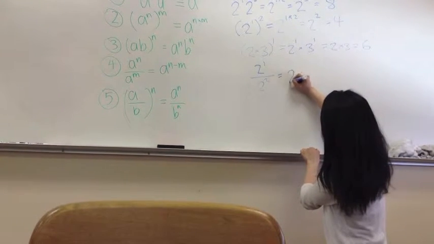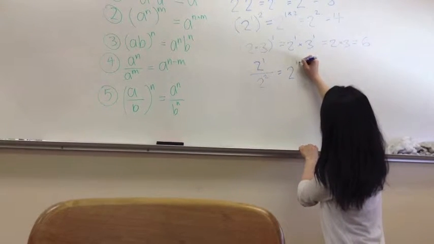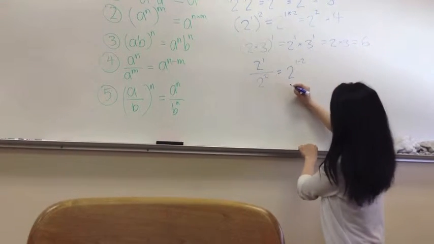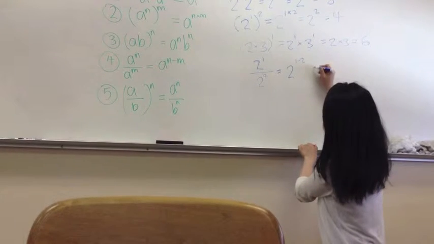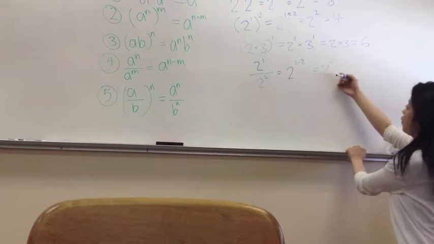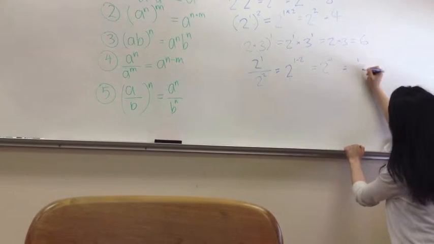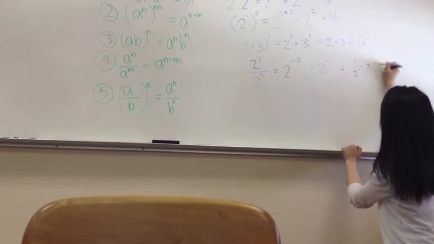So that would be 2 to the n minus m, 1 minus 2. And that would be equal to 2 to the negative 1. And when you have a negative exponent, then that's just equal to 1 over 2 to the 1, which is equal to 1/2.